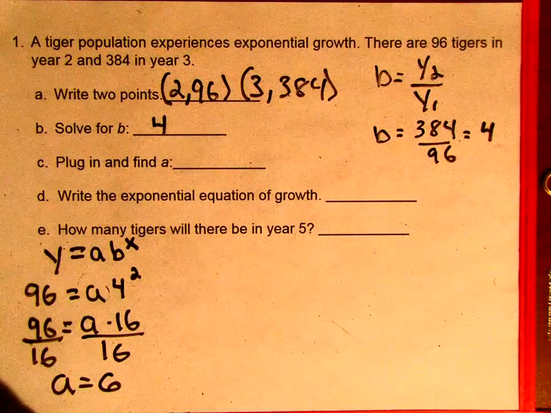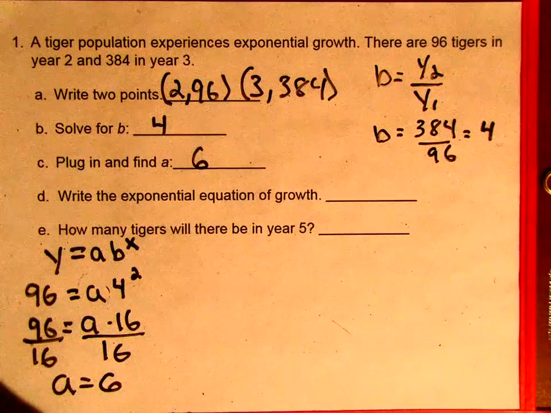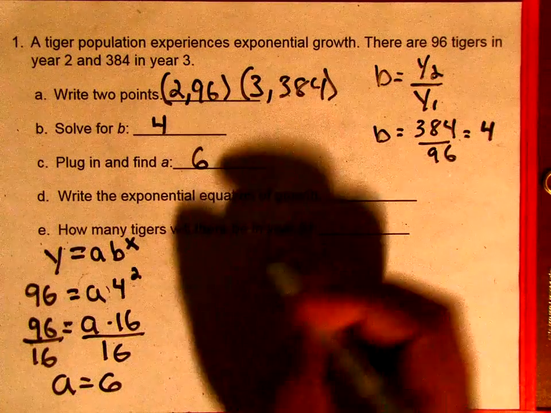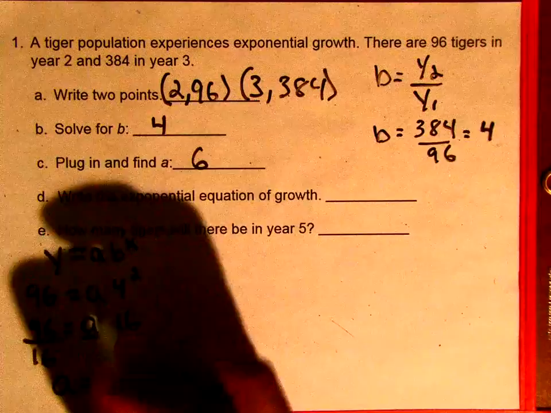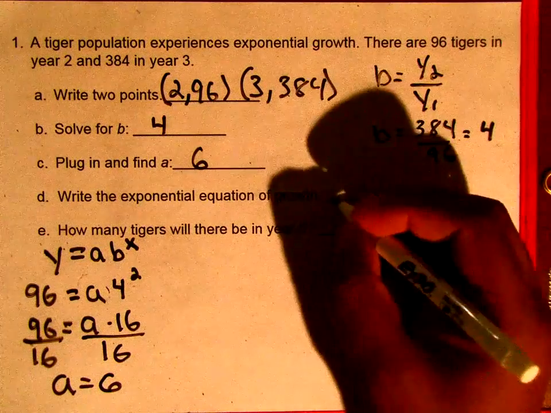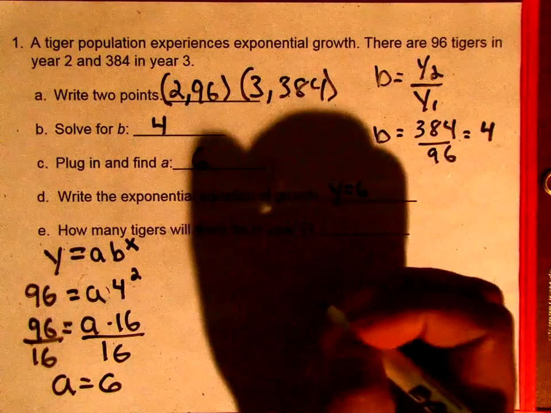All right, so now I know what A is. A is 6. Now I'm going to write my exponential function, which is y equals a b raised to the x, but with A being 6 and B being 4.